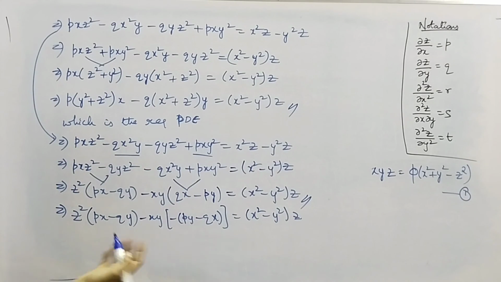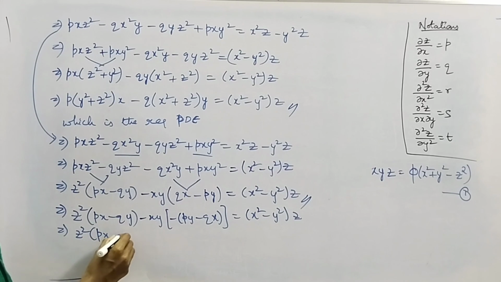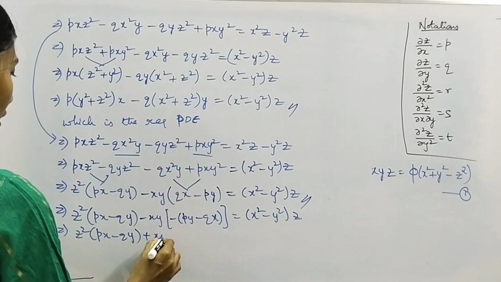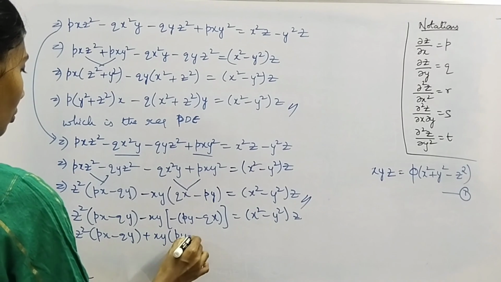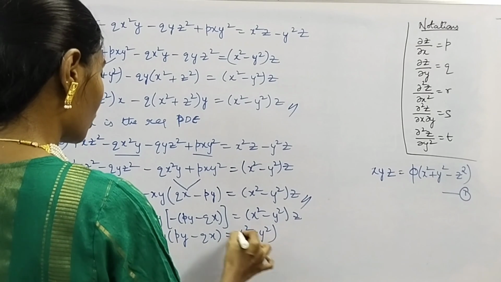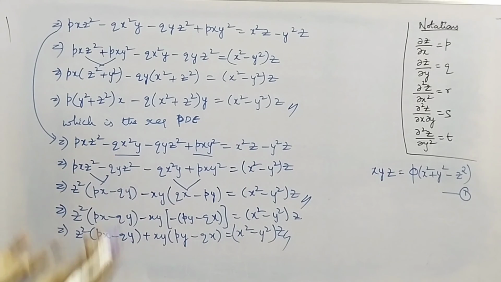You can write like this also, there's nothing wrong in it. Minus into minus plus, xy into py minus qx equal to x square minus y square into z. You can get any of these three or anything else. It's up to you. Fine, we have solved the problem.